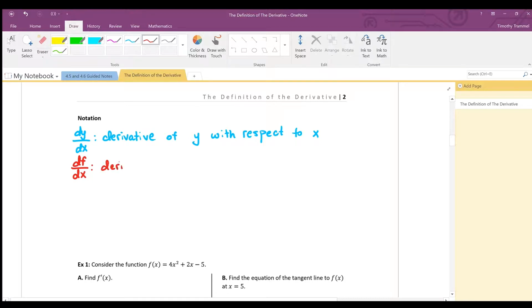And this is the derivative of f with respect to x. And the reason we're adding this with respect to is we can actually take derivatives with respect to other variables.